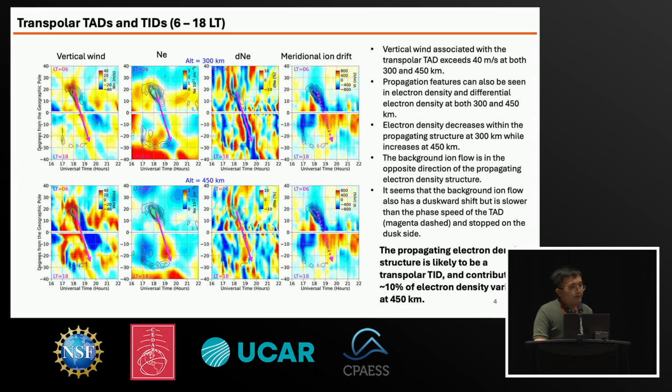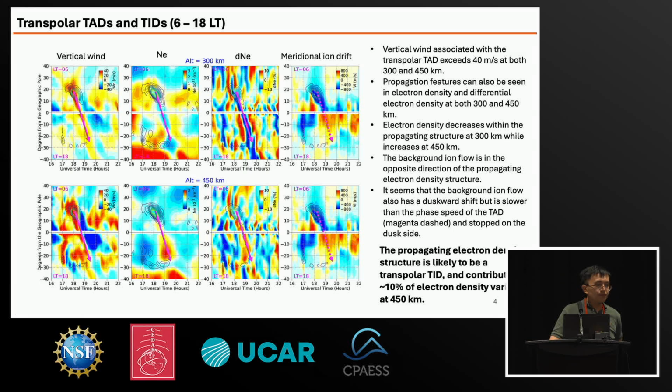What we found here is that the vertical wind is pretty strong. It roughly exceeds 40 meters per second, and sometimes it can exceed 50. And the electron density variations display altitude-dependent features.